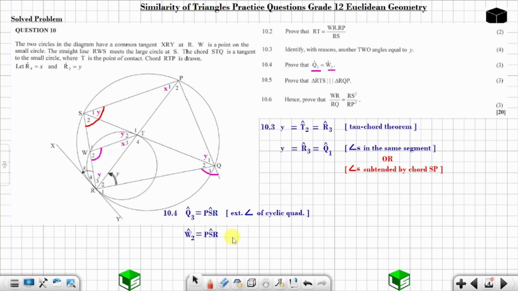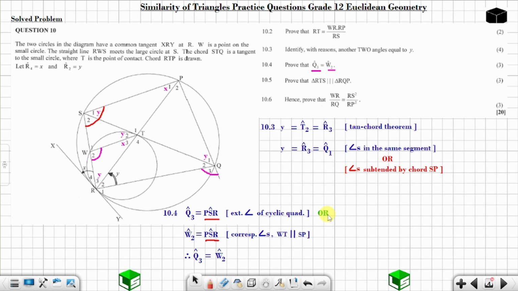So the reason is you have corresponding angles, WT parallel to SP, okay. Now you can see angle Q3 is equal to this and angle W2 is equal to this. Automatically the two angles are equal.